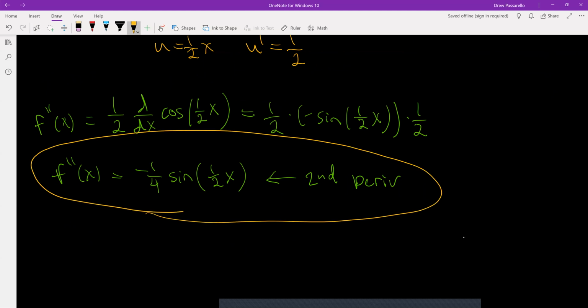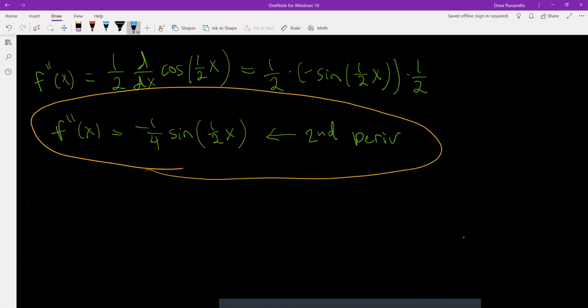So now I'm finding the potential inflection points. Sine is continuous, and its derivative exists everywhere, so there are no cases in which the second derivative does not exist.